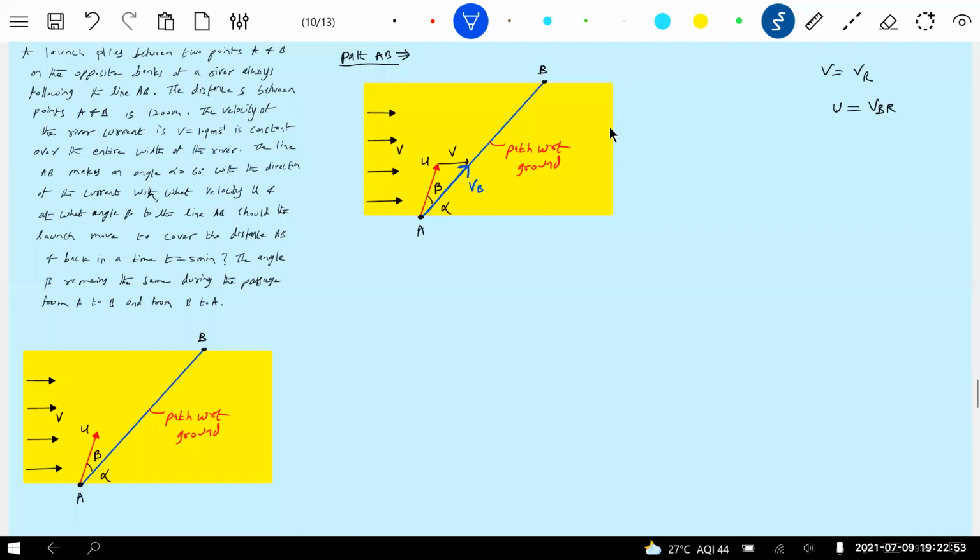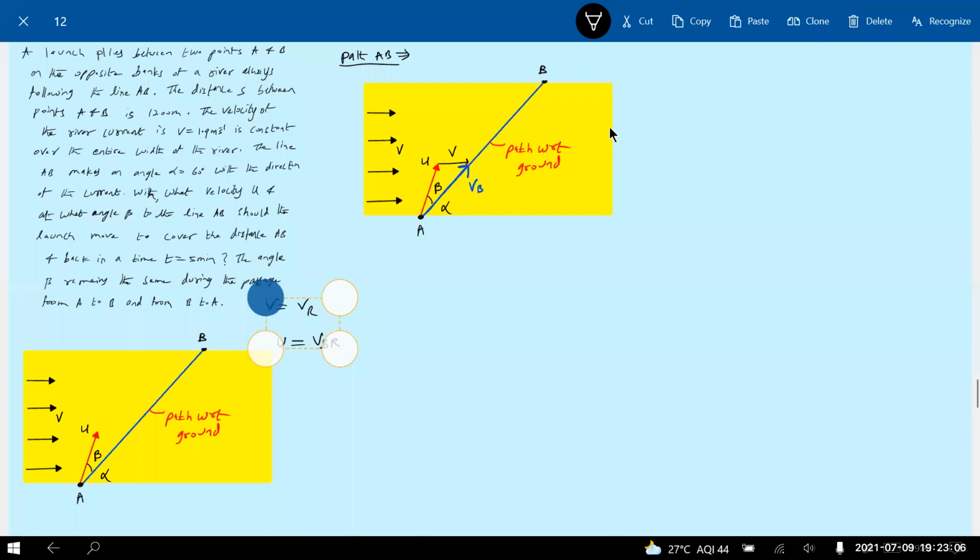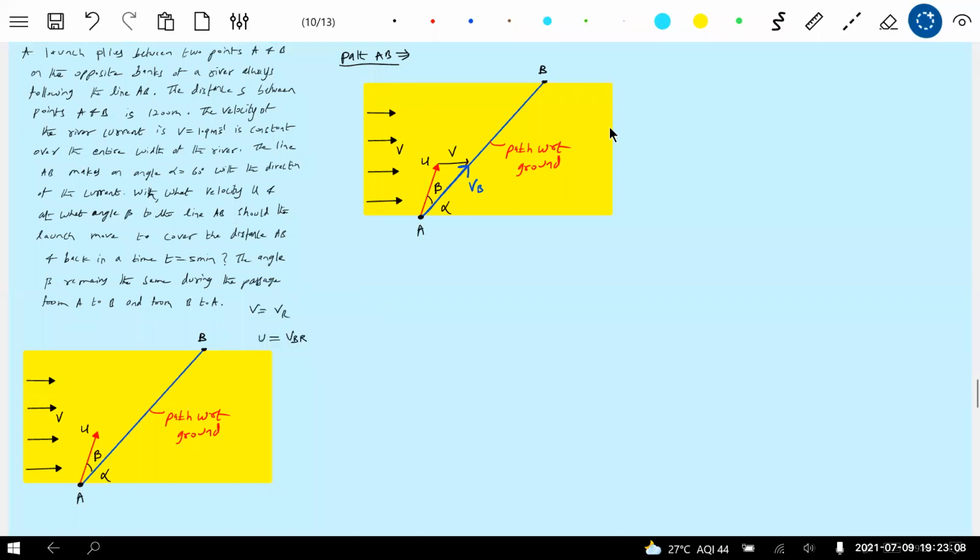How to manage this? Throughout the problem, we'll use this convention, these symbols, for our convenience. Now, how is the velocity of the boat with respect to river?